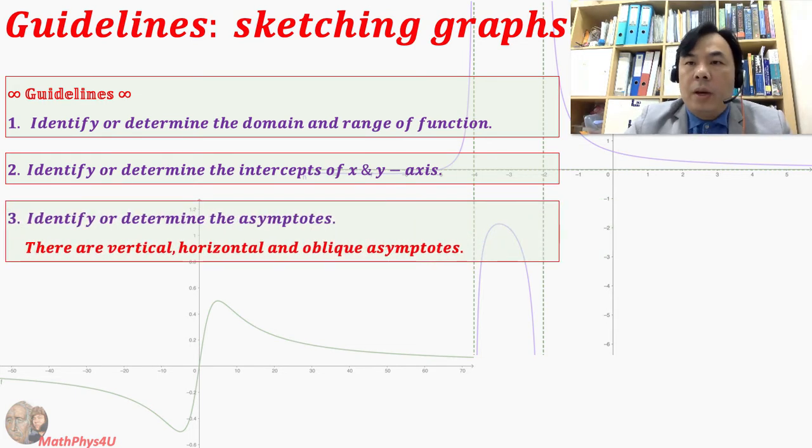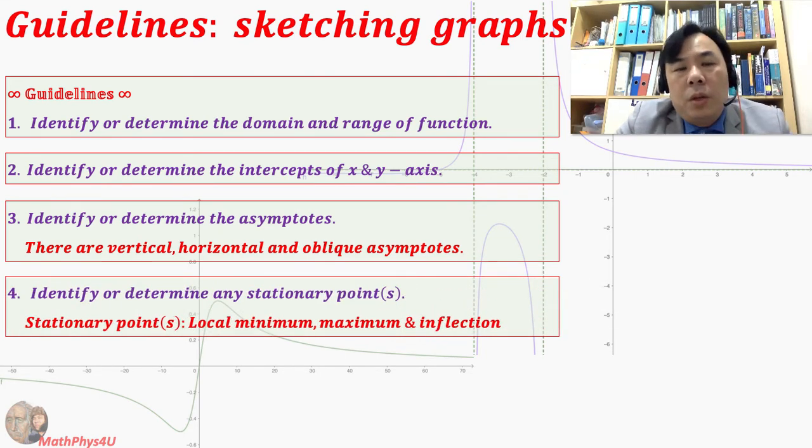Thirdly, we have to identify or determine the asymptotes. There are three types of asymptotes of our interest here: vertical asymptotes, horizontal asymptotes, and oblique asymptotes. Next, we also need to identify and determine any stationary point or points.